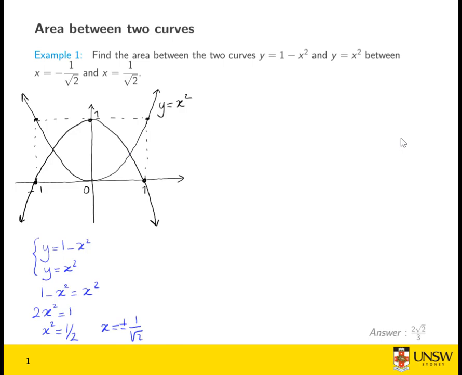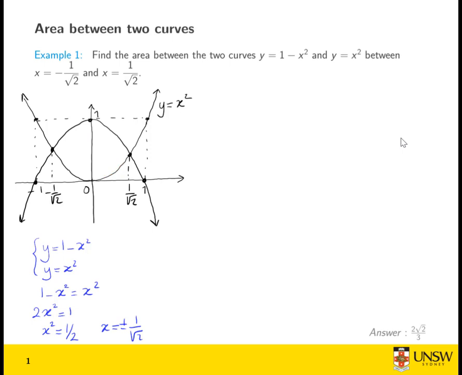So this point of intersection here is 1 over square root of 2, and this other one is minus 1 over square root of 2. Therefore, the area we're trying to calculate is this area there in between the two curves.